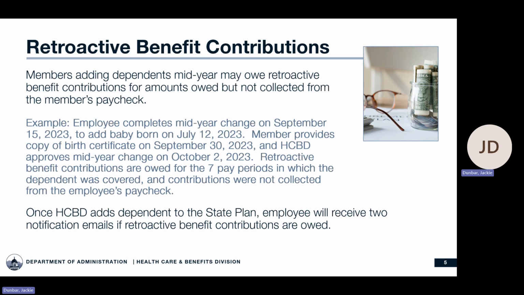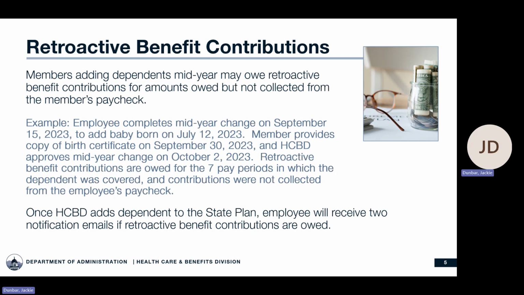Member provides a copy of the birth certificate on September 30th of 2023, and the Healthcare and Benefit Division approves the mid-year change on October 2nd of 2023. Retroactive benefit contributions will be owed for the 7 pay periods in which the dependent was covered and contributions were not collected from the employee's paycheck.